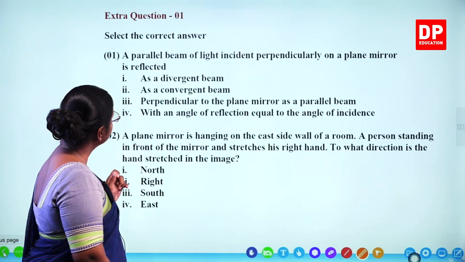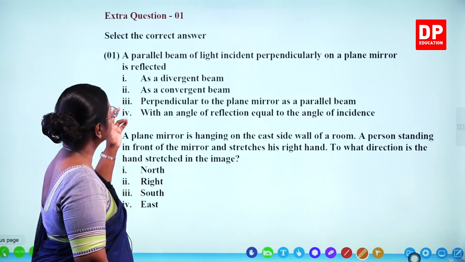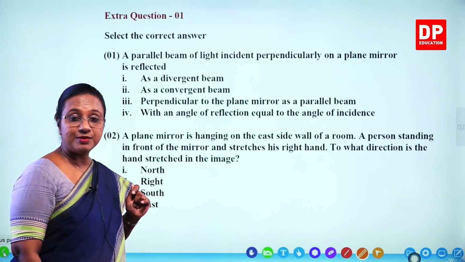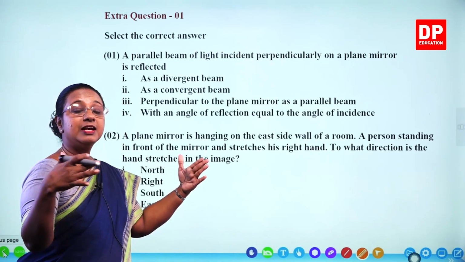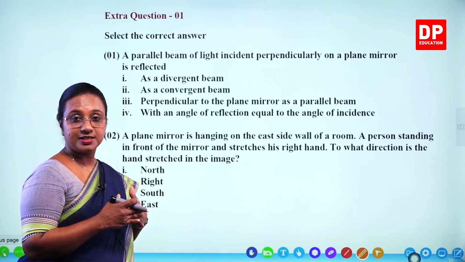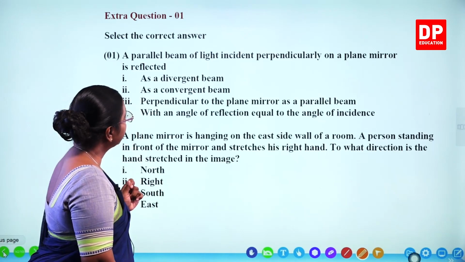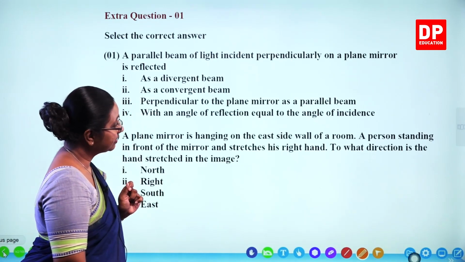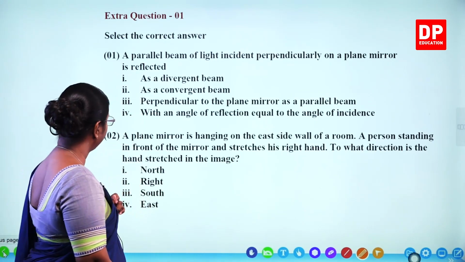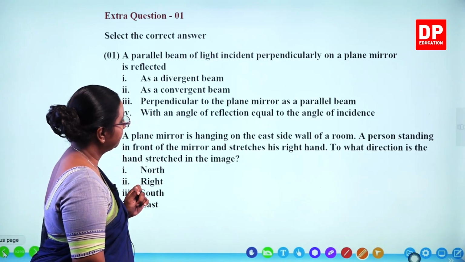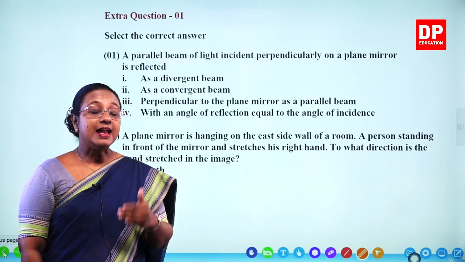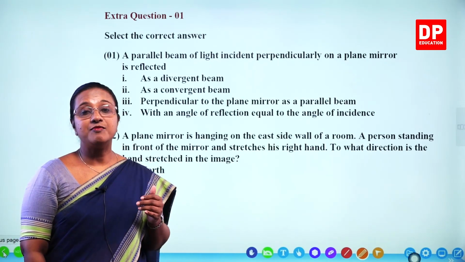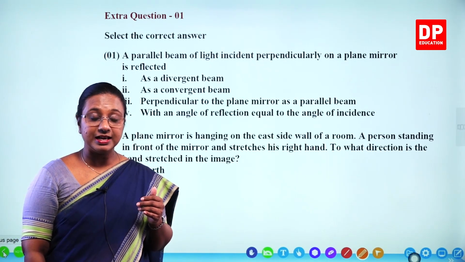So as a divergent beam, no. As a convergent beam, you know what divergent and convergent are. Divergent, they go away. Convergent, they come towards each other. Perpendicular to the plane mirror as a parallel beam. That is correct. With an angle of reflection equal to the angle of incidence. That is when we have rays that are coming at an angle.